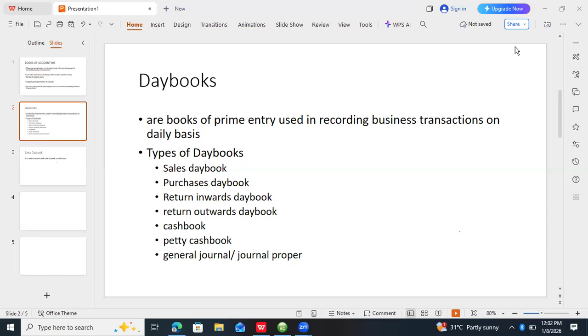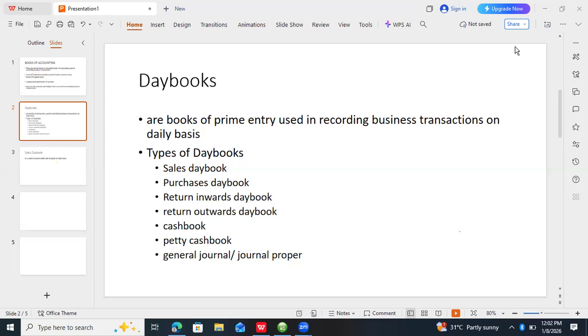Sir, please. Purchase day book is a subsidiary book used to record credit purchases of goods on daily basis. Exactly. So that was what Prof. Gwendolyn omitted. Credit purchase of goods on daily basis, right? So what of the returns inwards? Of course, the returns inwards day book will be used to record the goods returned by customers.